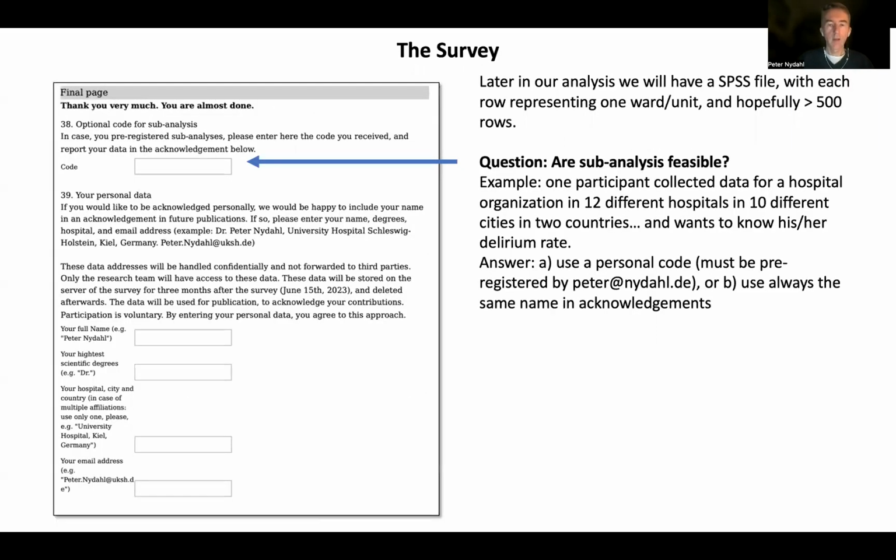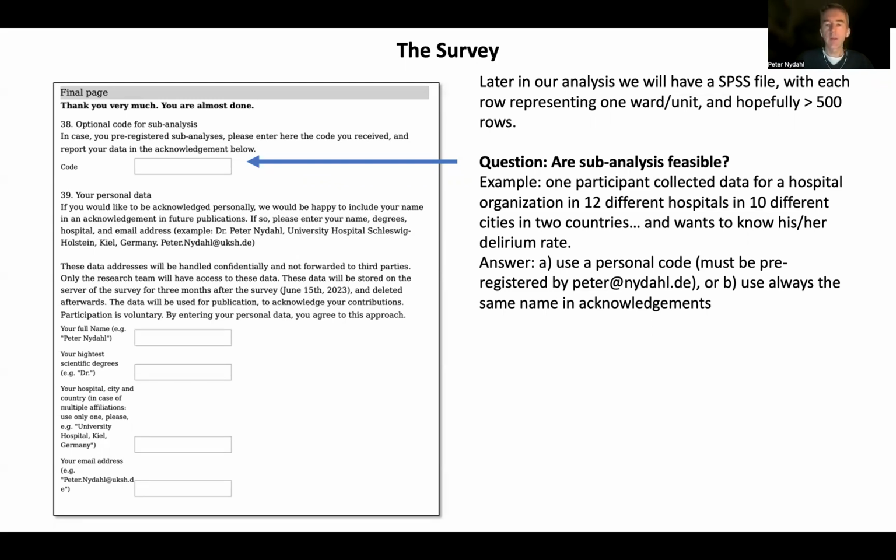Later in our analysis, we will have an SPSS file, and each row represents one ward or unit, with hopefully many rows. But are sub-analyses feasible? For example, one participant collected data for a hospital organization, 12 different hospitals in 10 different cities in 2 countries, Switzerland and Austria, for example, and wants to know his or her own delirium rate in this hospital organization.